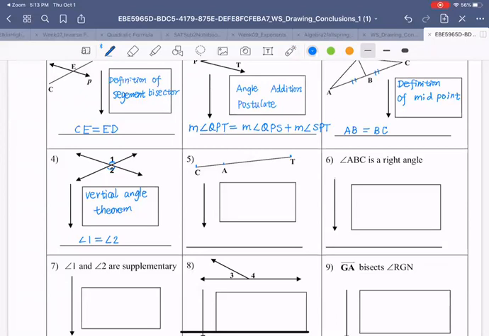So based on number 5, what's the conclusion you make? Segment addition postulate. What's the conclusion you want to make? Line segment.